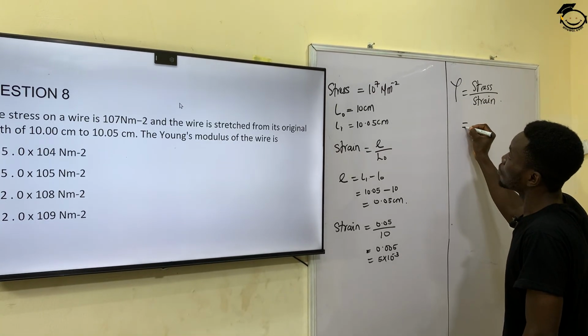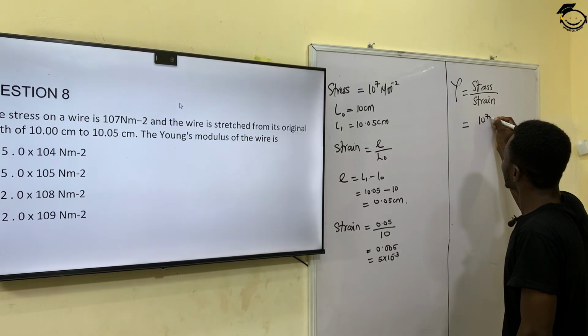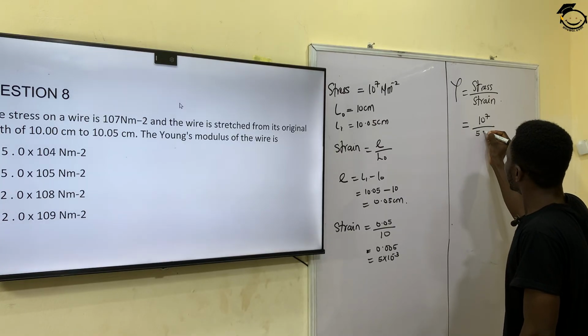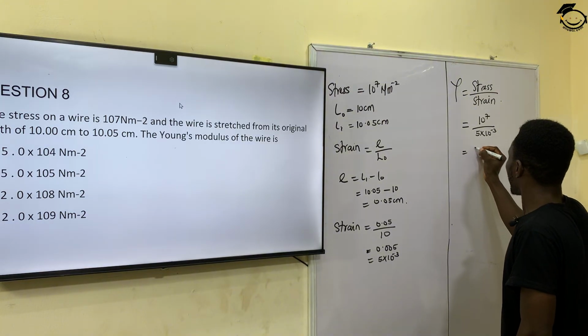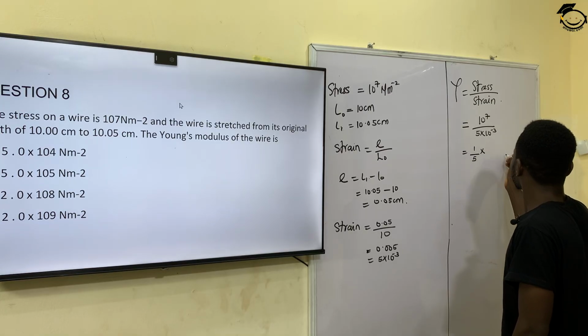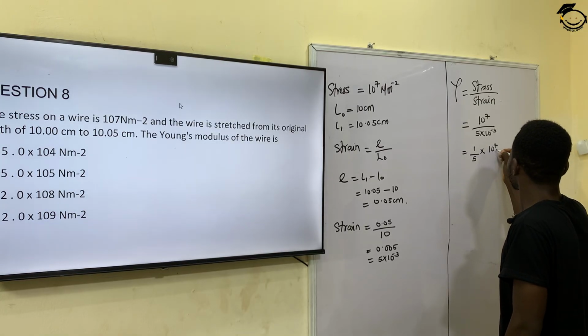This means that my Young modulus, therefore, is 10 raised to the power 7 divided by 5 times 10 raised to the power minus 3. So this is the same as saying I have 1 over 5 times 10 raised to the power 7 over 10 raised to the power minus 3.